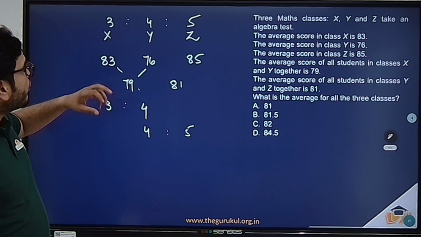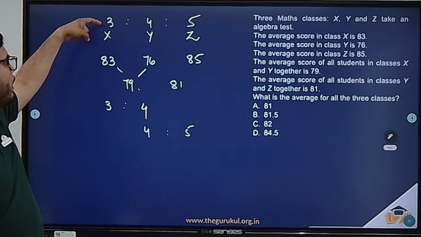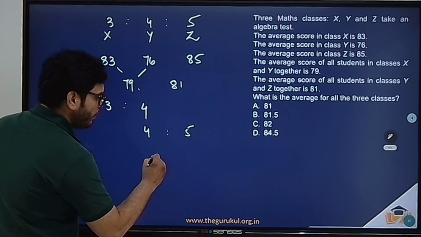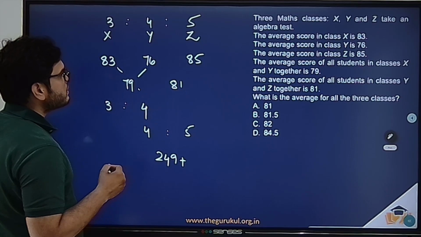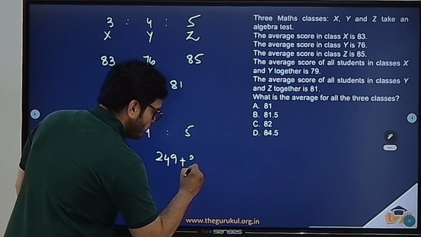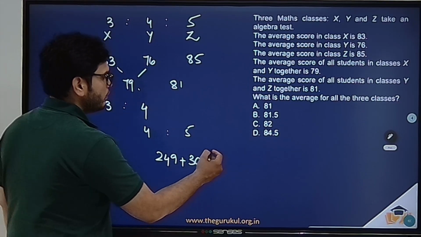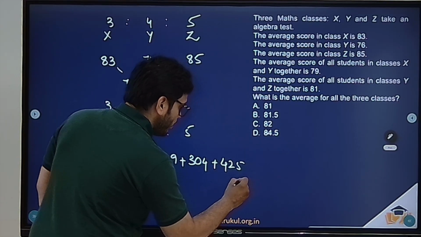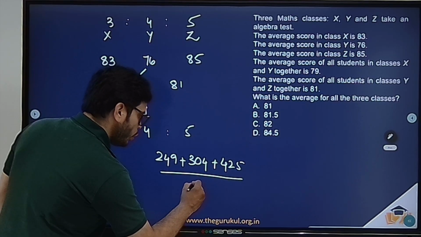Right. Now we are asked to find the weighted average of these 3 averages. So we have 3 into 83, that would be 249, plus 4 into 76, 304, plus 5 into 85, 425, by 3 plus 4 plus 5, 12.